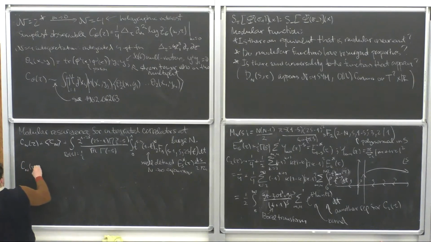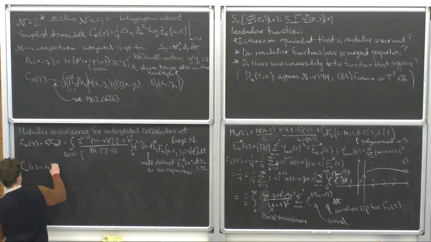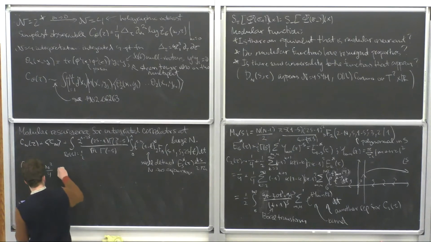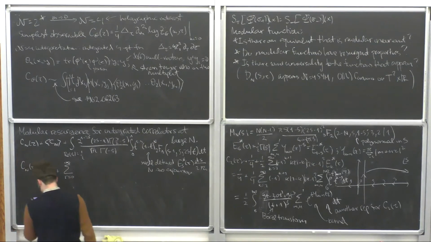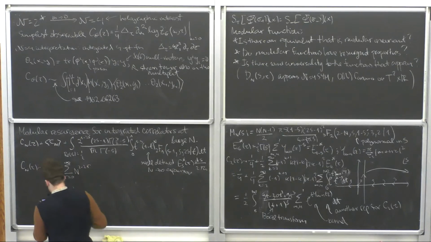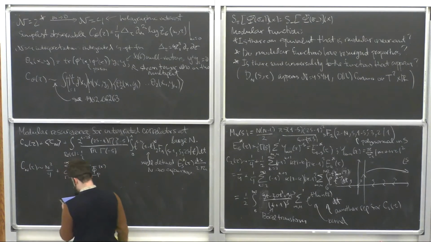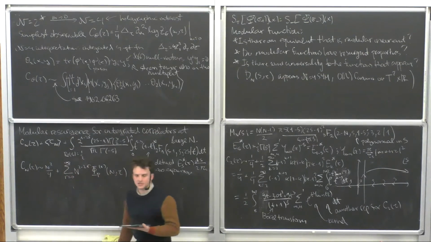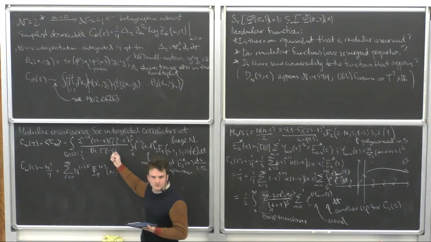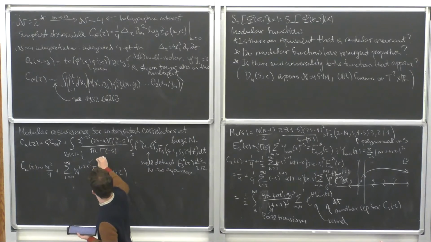So C_n of tau may be written as a formal series, n squared over 4 plus a sum, r is 0 to infinity, n to the power 2 minus 2r times some perturbative piece of n and tau. And of course, the observation here is that from this integral representation, you generate something which looks very much like a genus expansion.